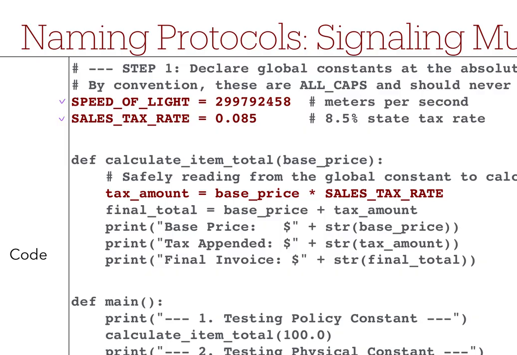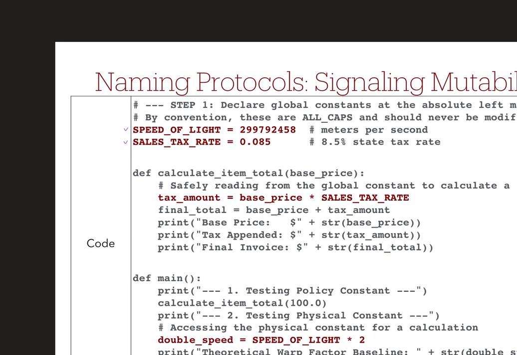Even when you are certain that the value of this variable is not correct, people usually never touch that. So that's one way to represent a constant in the Python community.